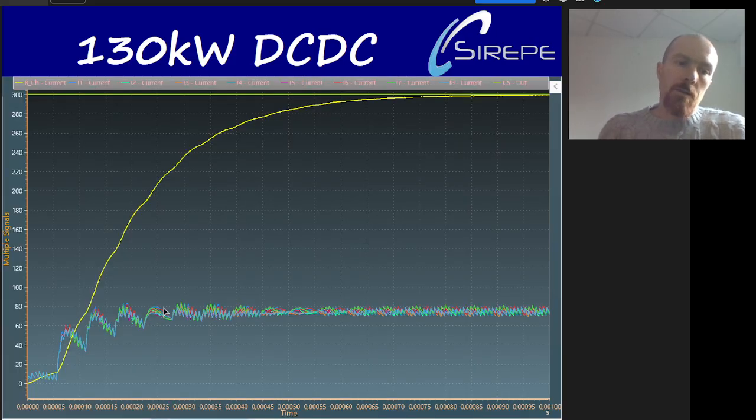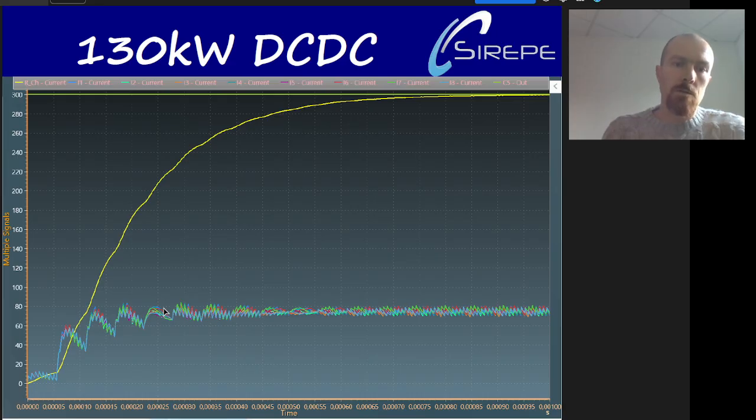In this way, the dynamic of sharing to equilibrate the current is very high, and in simulation we can see a good sharing. But it's not really the real resistance. The real resistance is around 10 milliohms.